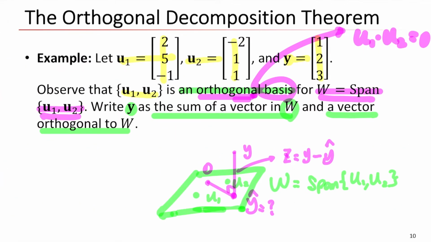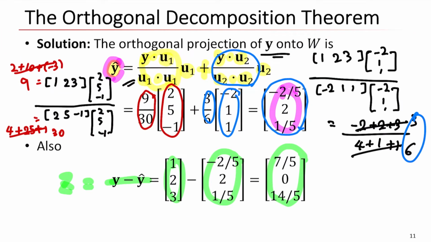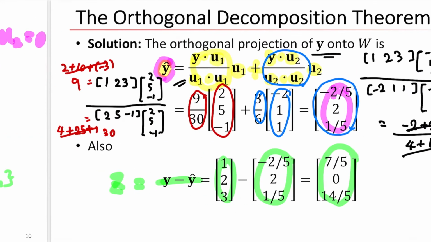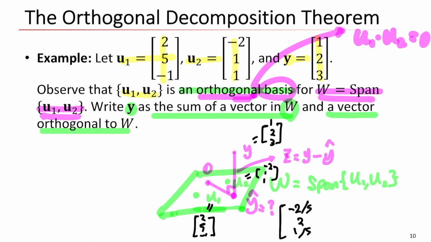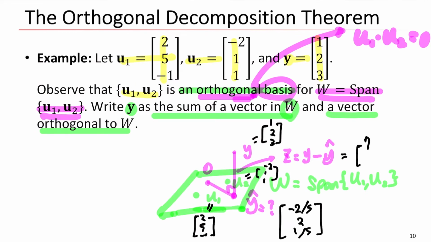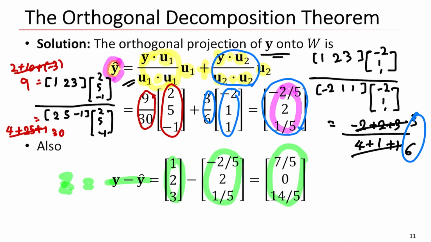Here, if y is 1, 2, 3, u1 is 2, 5, negative 1, and u2 is negative 2, 1, 1, then y hat is equal to negative 2 over 5, 2, 1 over 5, and z is equal to 7 over 5, 0, 14 over 5.